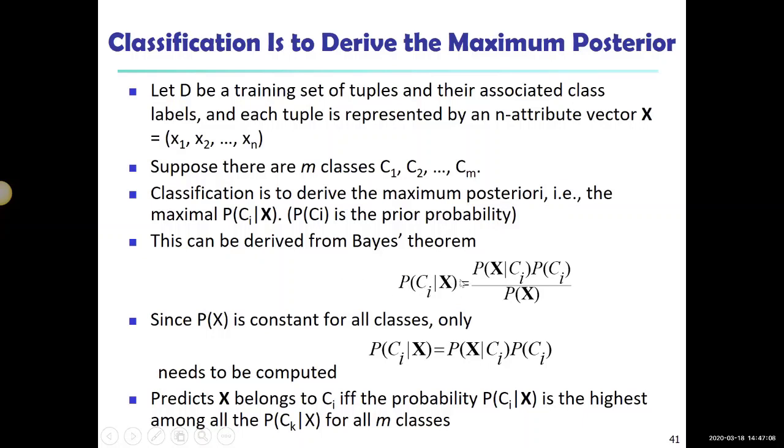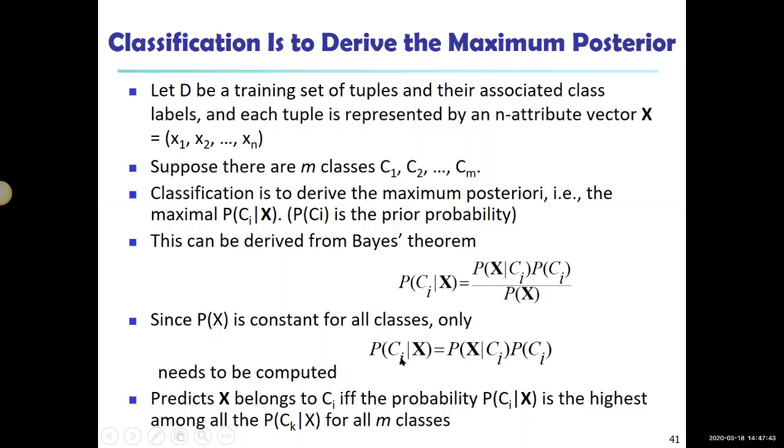Therefore, you have this equation. In order to find this, P of X has to be moved down here as a denominator. Only in this case can we simplify the problem by ignoring it, because we only need to find, for this observation, whether P(C1 given X) is greater than P(C2 given X), which one is greater.